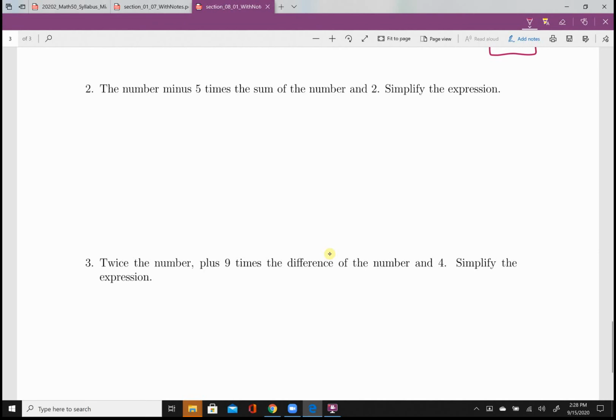The number minus 5, so again, the number, that's going to be your x, minus 5 times the sum. Sorry, let me point to all of these things. When you are multiplying something by a sum, this sum really dictates that you have an addition happening between two elements.